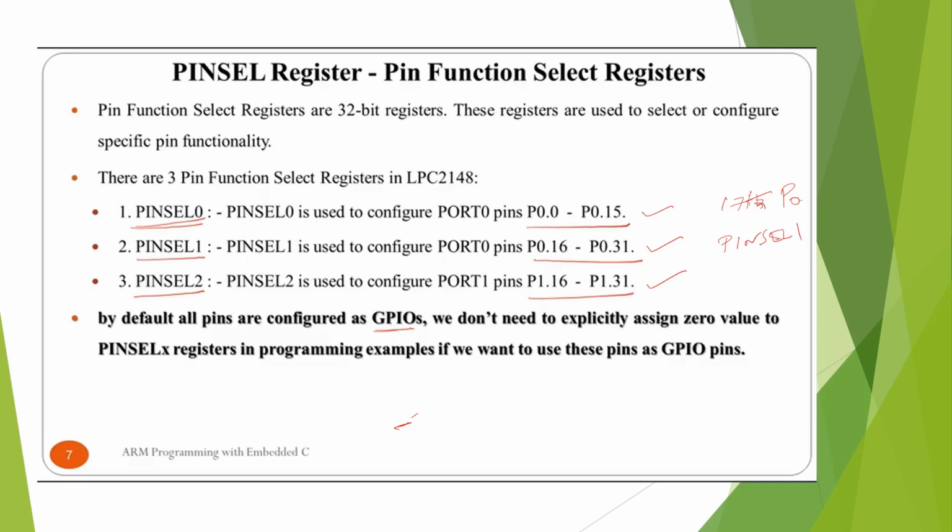If I want to use port 1, 27th pin, I have to go for the pin select 2 register. By default, all pins are configured as GPIOs. If you want to use a secondary function, then you have to choose pin select registers.